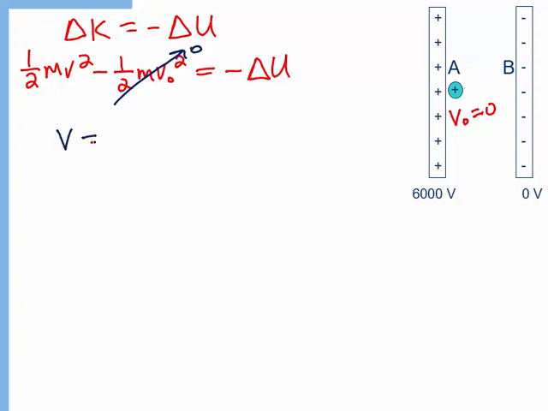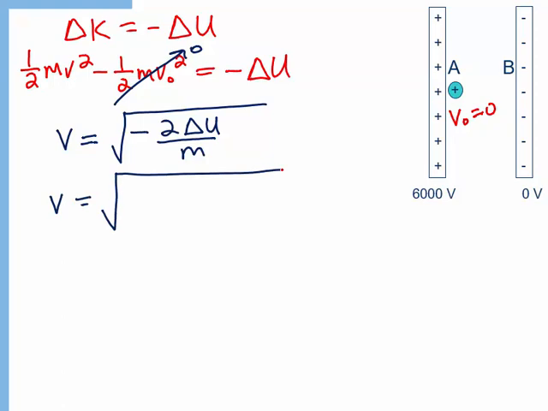So v is going to be equal to the square root of negative 2 delta U divided by m. And now we can plug in our values. You'll notice that even though we've got that negative sign under the radical, that's going to be okay because delta U was negative.